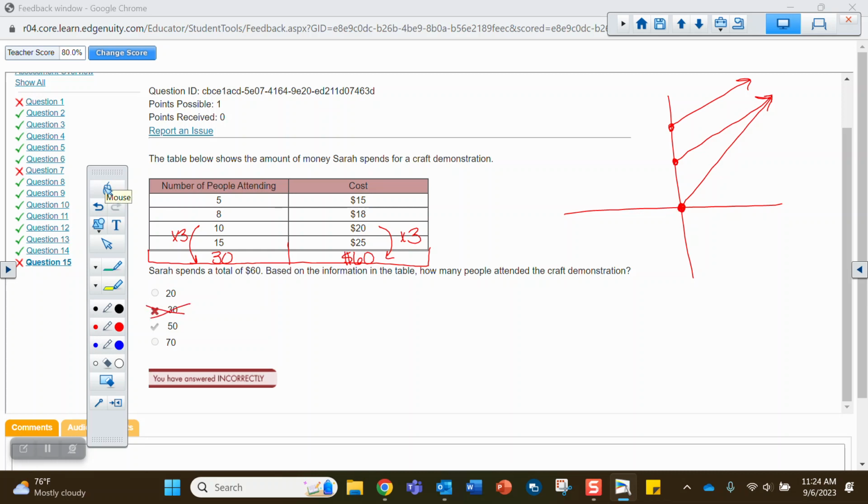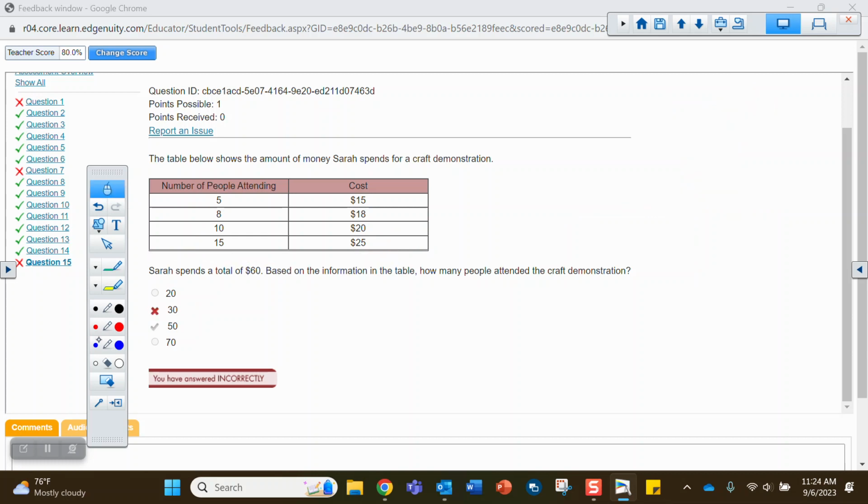So instead, what do we do when we don't know if it's proportional, or how do we figure it out? We still want this $60 amount, and we want to know how many people are going to attend. So now I'm going to look at what is the rate of change, because here it is constant, which again is how I knew it was linear.